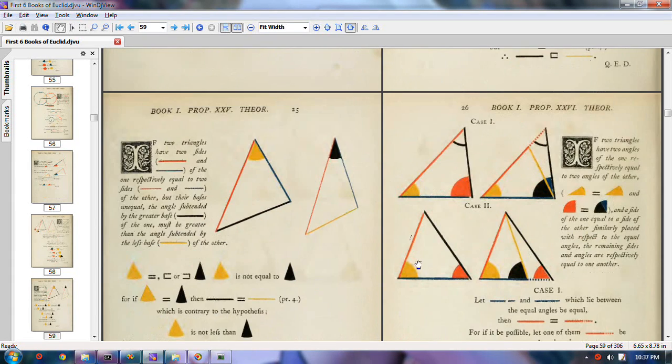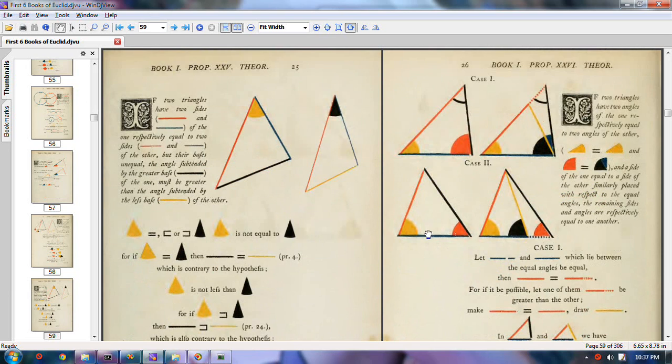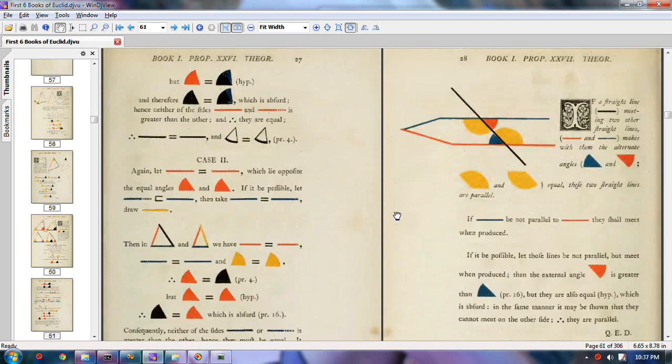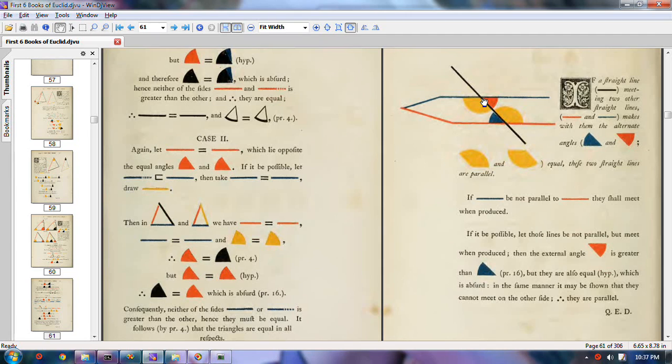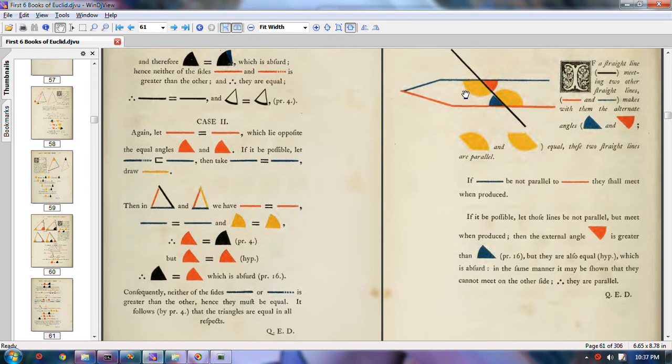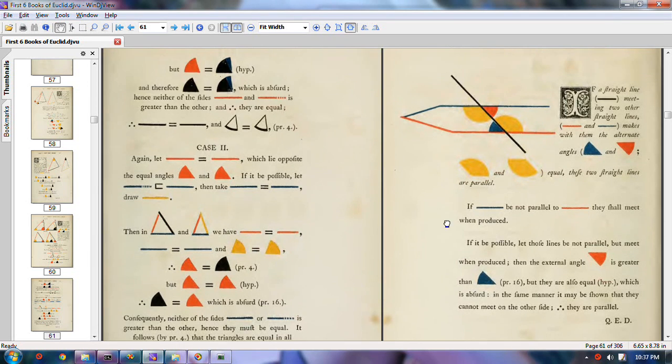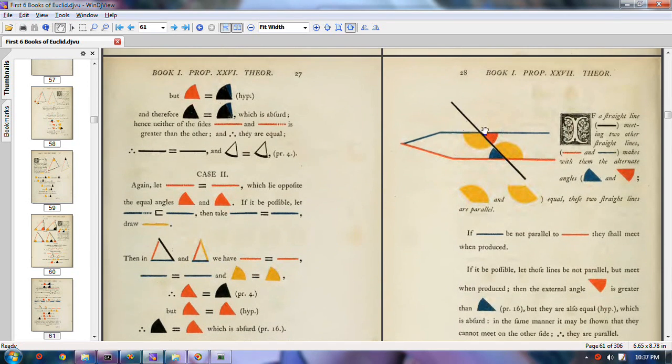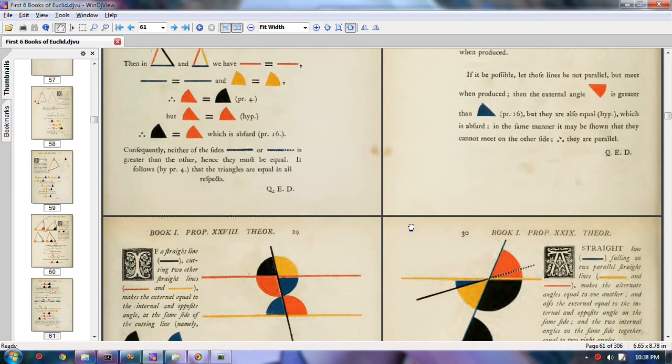But it is coming. Let's see. Here it looks like the beginnings of opposite angles are equal and stuff like that.